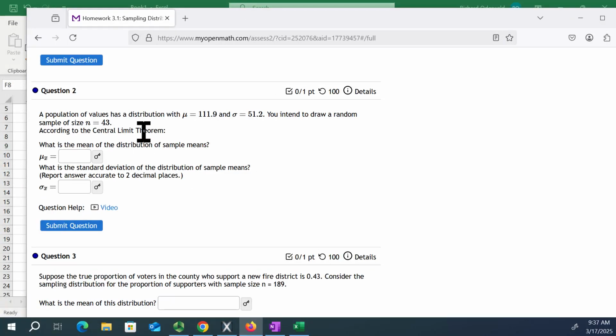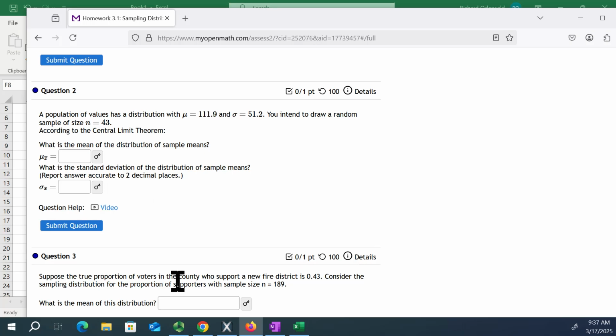So all of these are, like this one, you've got a population with a standard deviation of 51.2. The mean of the distribution of sample means is that mean, and the standard error is 51.2 divided by the square root of the sample size.